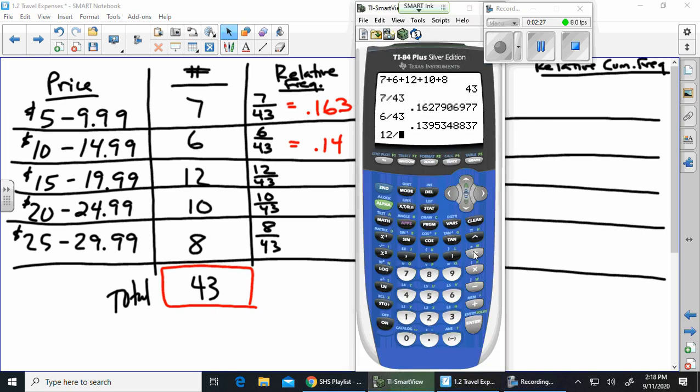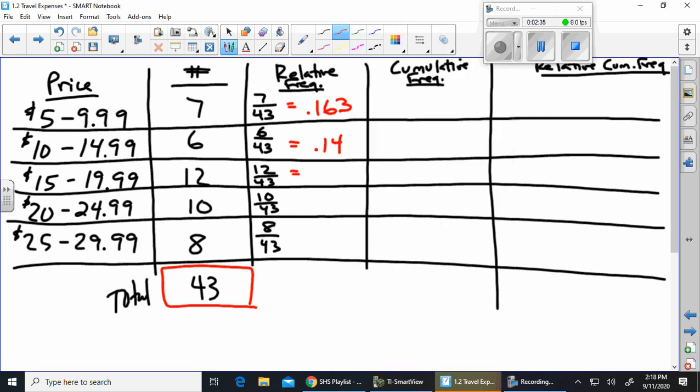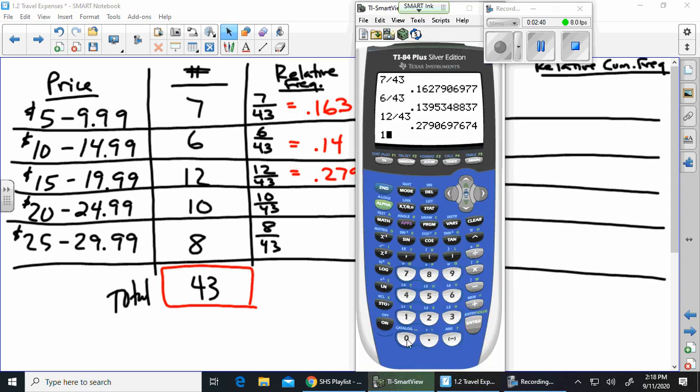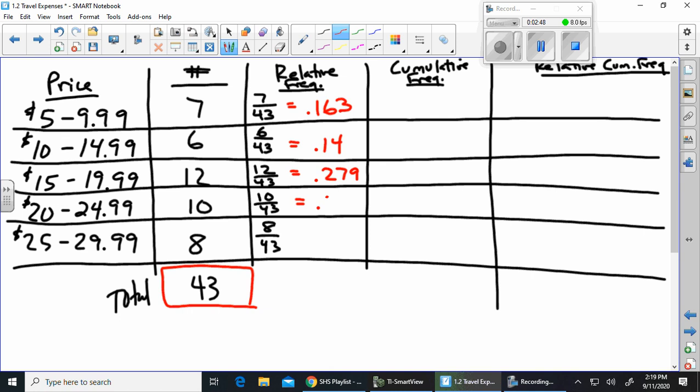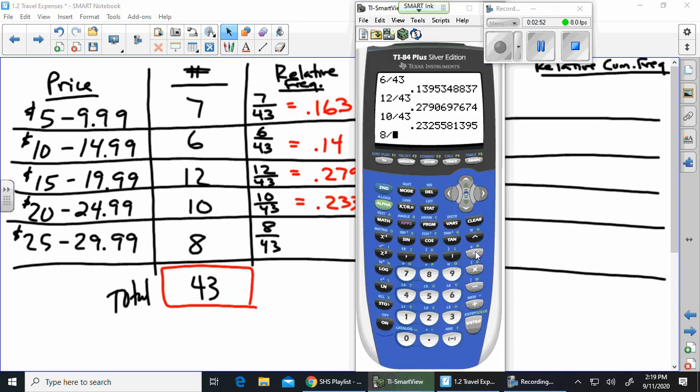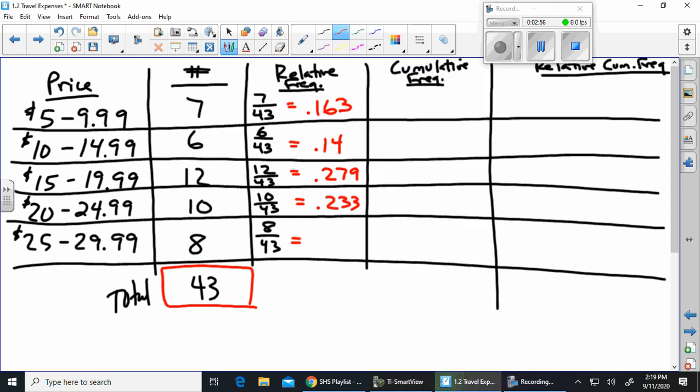12 divided by 43. The 9 is not going to change anything, so you would just have 0.279. 10 divided by 43, since the fourth number is a 5, is 0.233, and 8 divided by 43 is 0.186.